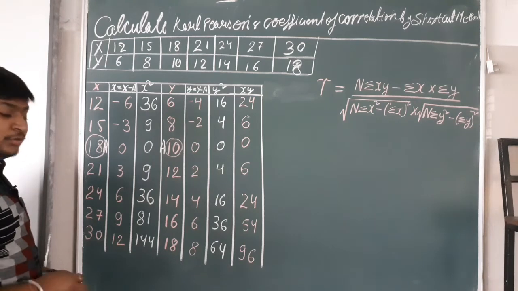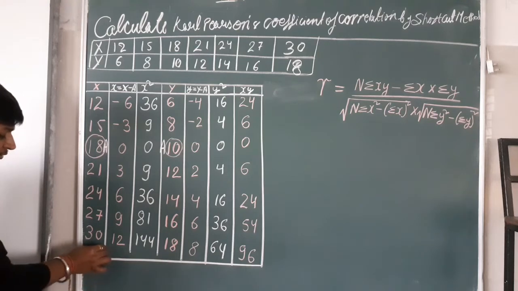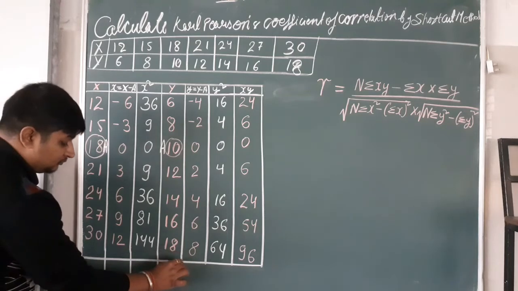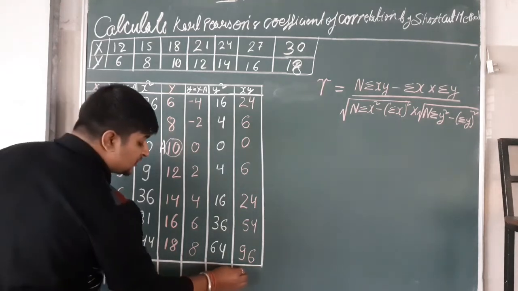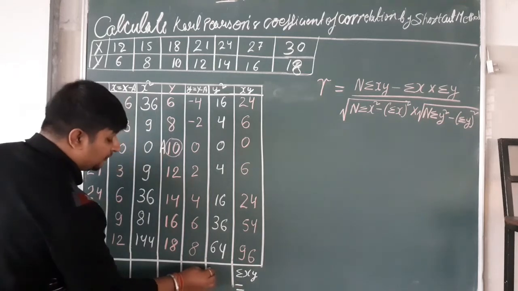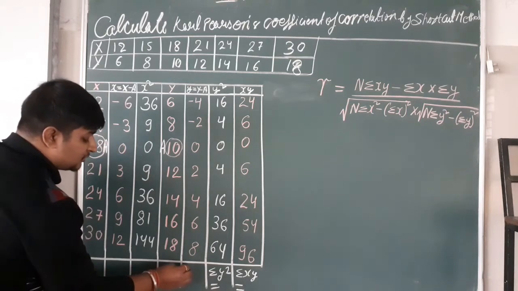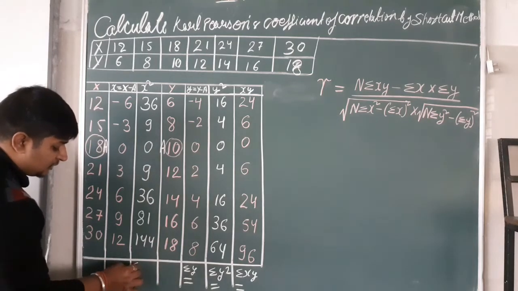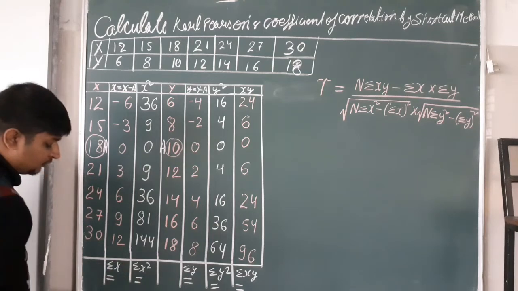Now this is the time to do the total. अब टाइम है हमारा टोटल करने का सब चीज़ों को, तो हम टोटल कर लेते हैं. Sigma small x small y, sigma y square, sigma small y, sigma x square, sigma x, right?